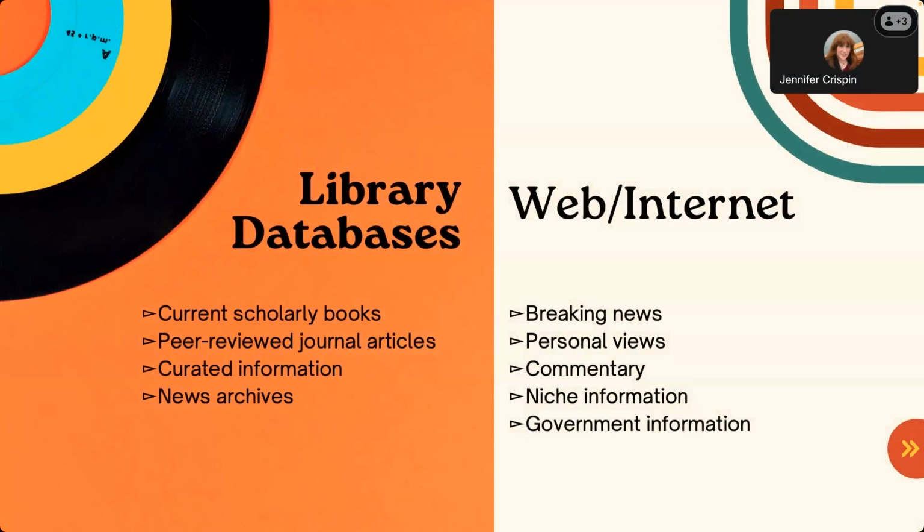Those are things that if you find them on what I call the free internet, you would actually end up having to pay to access them. Because you're an HCC student, though, you have access to a lot of information through the library databases that you would not be able to find or access on the internet.